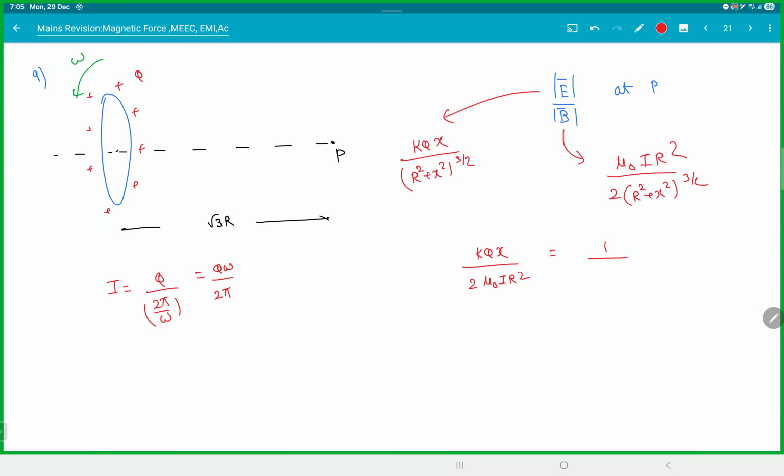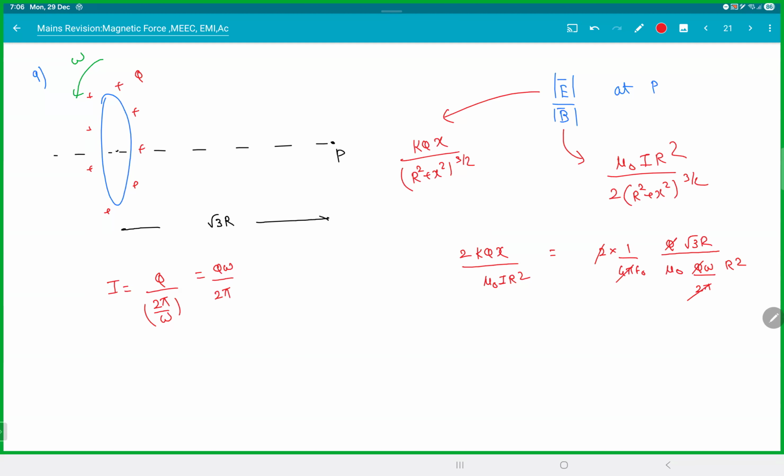So that is 1 by 4 pi epsilon, q, x is anyway root 3 r, by mu naught, I is q omega by 2 pi, r square. 2 pi, 4 pi goes off.